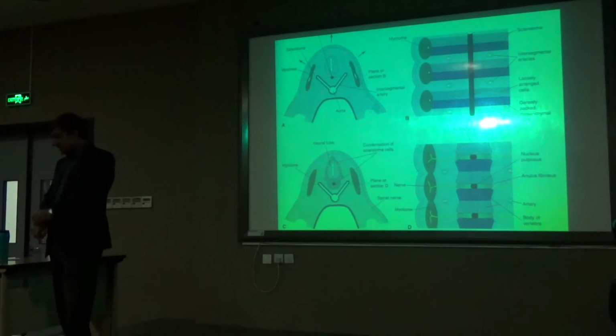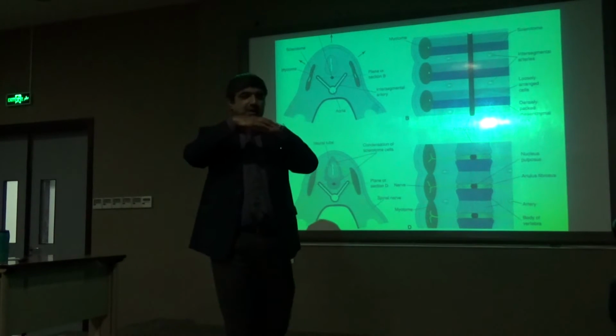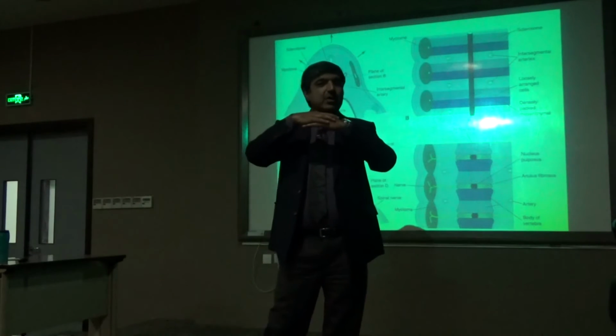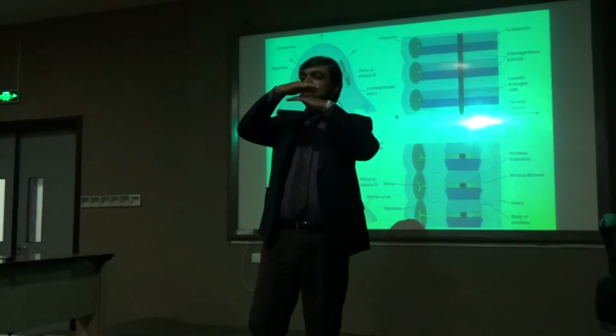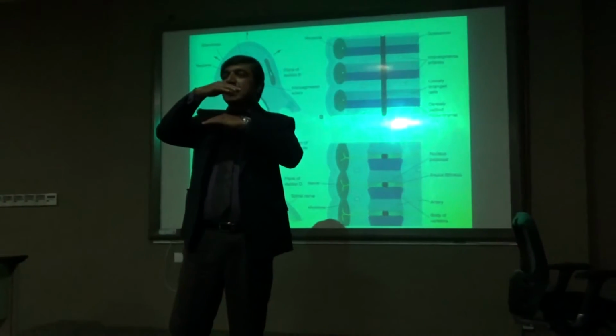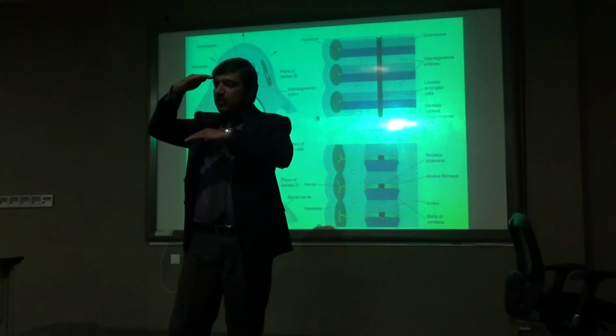Interesting if you understand, worse if you don't. Got my point? This is one sclerotome. Cells between them grow faster. This portion will go upside, this portion will go downside; this portion will form one vertebral body, this portion will form another.